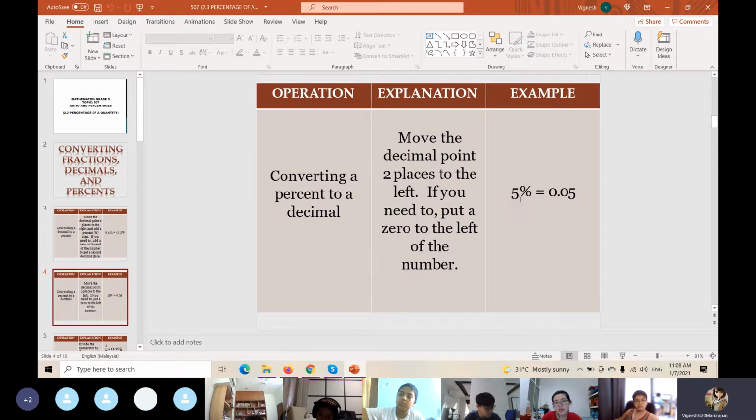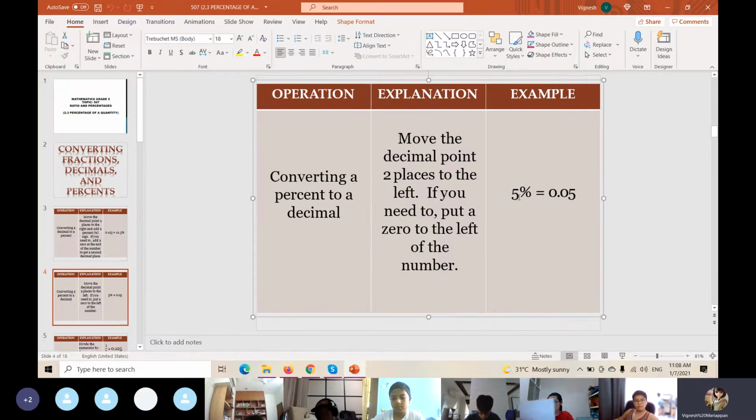So you move one time, and since it says 2 places to your left, you move one more time. There is no number, so you have to add 0. In front of the decimal also you add one more 0. So percent converted to decimal: 5% becomes 0.05.